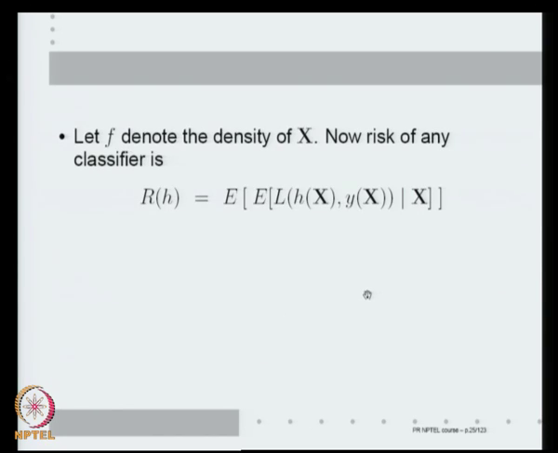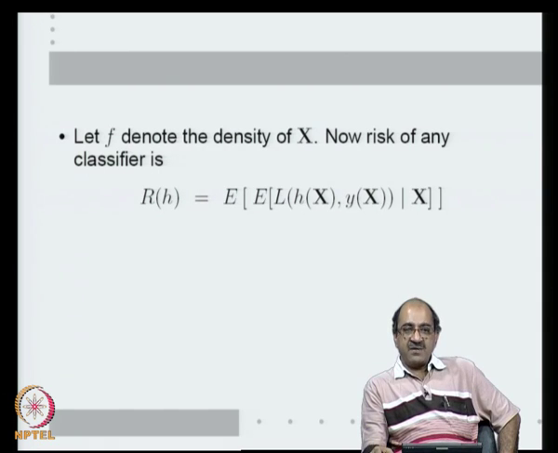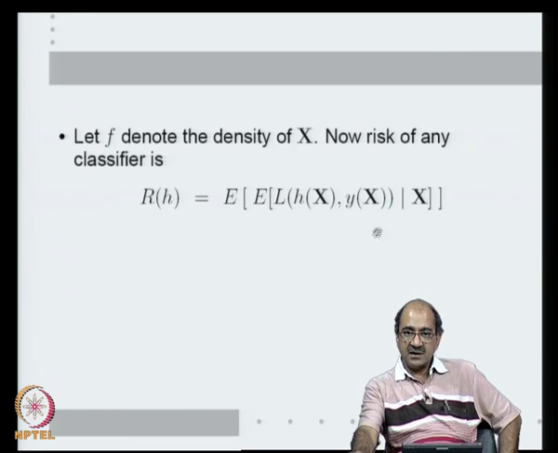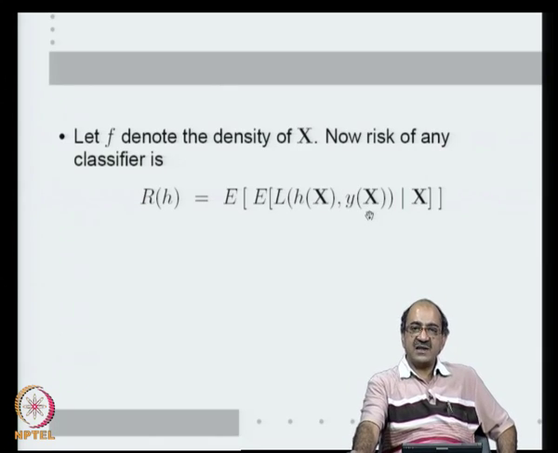So, risk as we know is the expectation of L(h(x), y(x)). Now, as you know, any expectation can be written as the expectation of a conditional expectation. So, that is how I have written R(h) here. The inner expression is the expectation of L(h(x), y(x)) conditioned on x. Now, if I take another expectation, it becomes the unconditional expectation of L(h(x), y(x)).